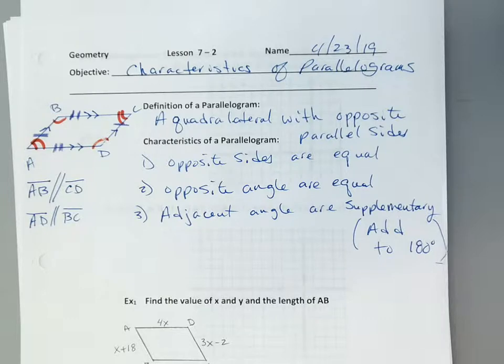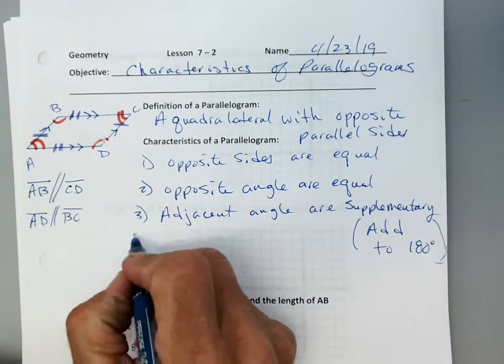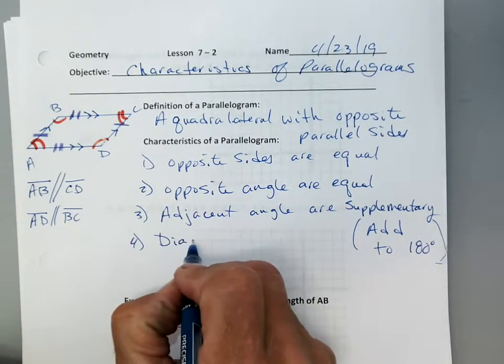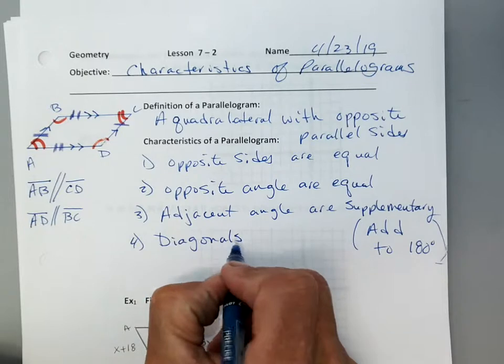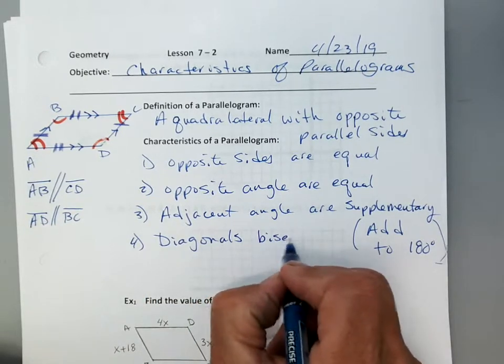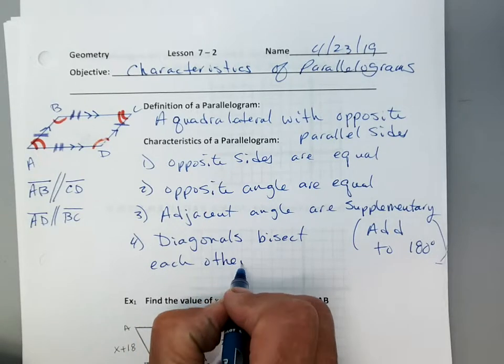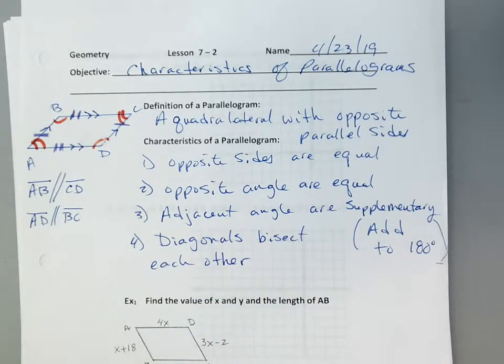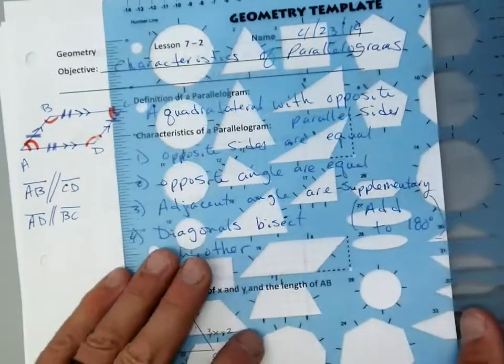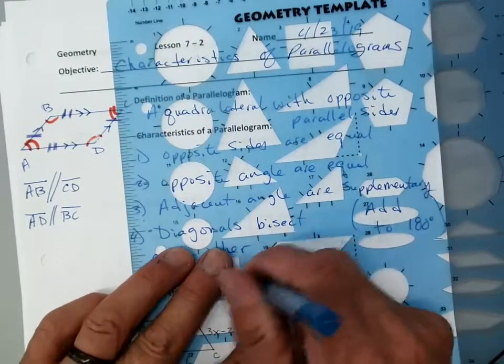So then there's a fourth characteristic that has to do with its diagonals. And the fourth characteristic is that diagonals bisect each other. Okay, and I might draw another parallelogram just so you can see it by itself.